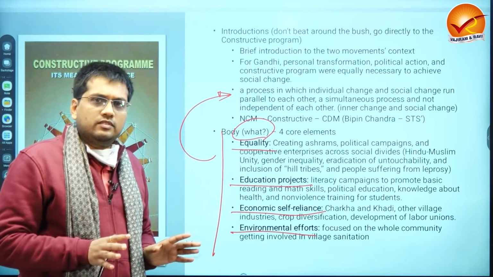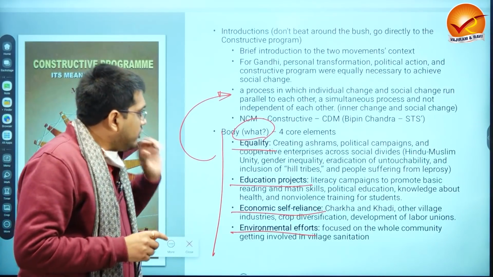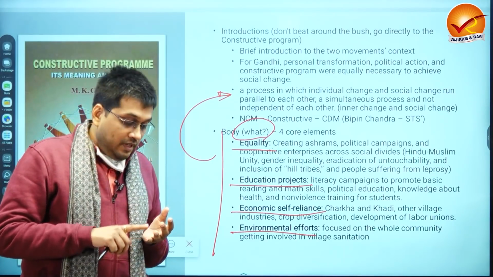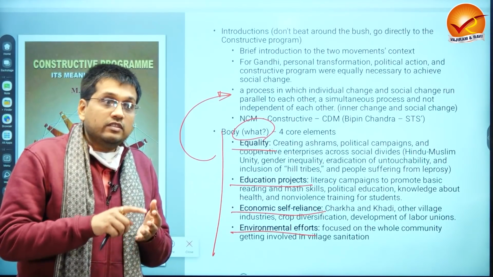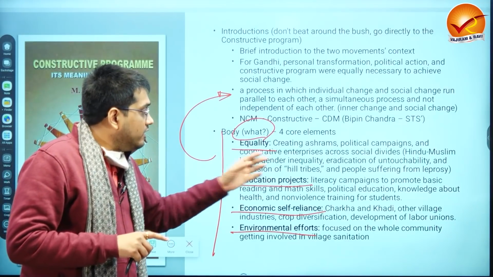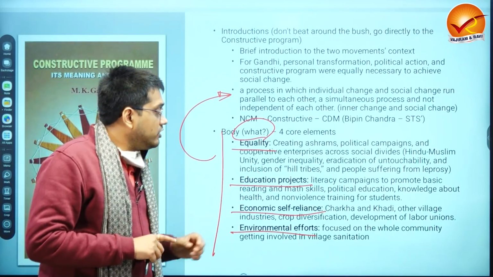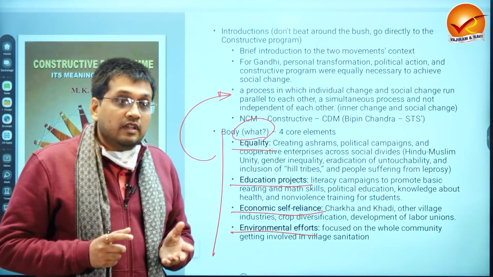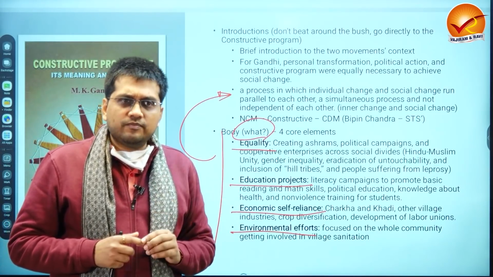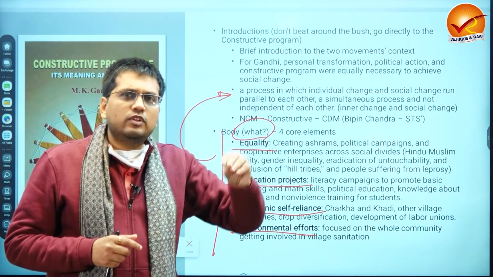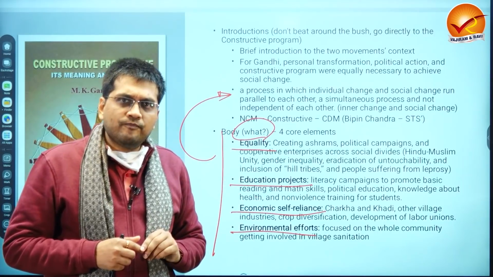In the educational project, you have literacy campaign, basic numeracy, education about skills, political education, health education, training for non-violence, and basic education, Nai Talim, that actually came later on, but it is there.